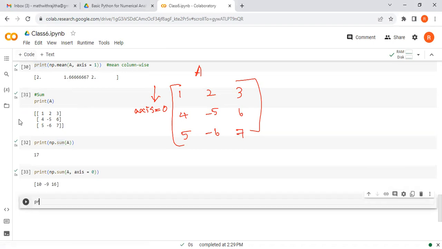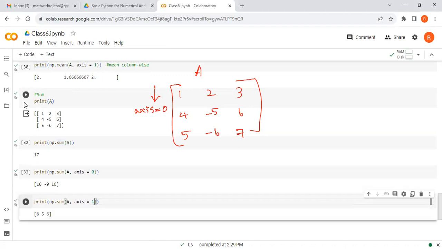Next, print np.sum of A, axis equals 1. Along axis 1, you should be getting 6, 5, 6. 1 plus 2 plus 3 is 6. 4 plus minus 5 plus 6 is 5.